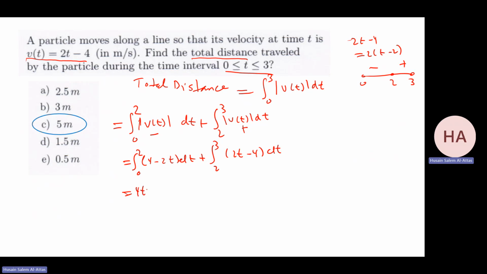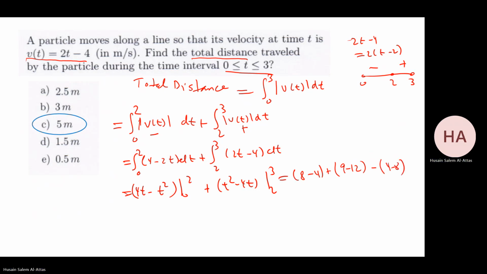That gives me 4t minus t squared from 0 to 2 plus t squared minus 4t from 2 to 3. Calculation: 8 minus 4, 0 gone, plus 9 minus 12 minus 4 minus 8. Okay, that gives me 4 minus 3 plus 4, which is 5.